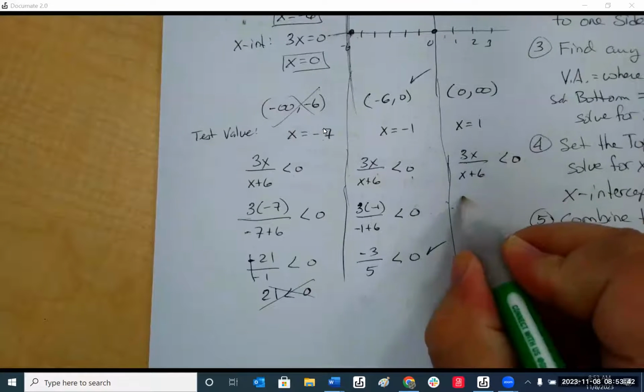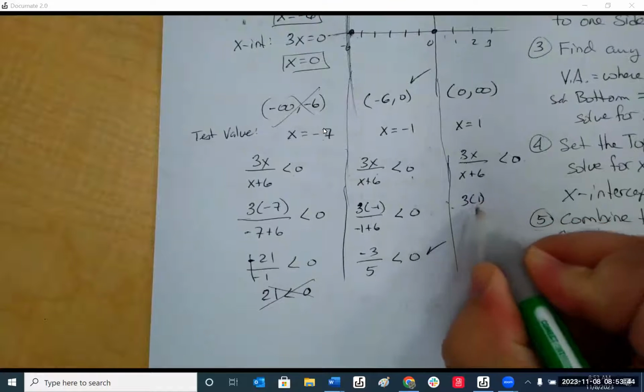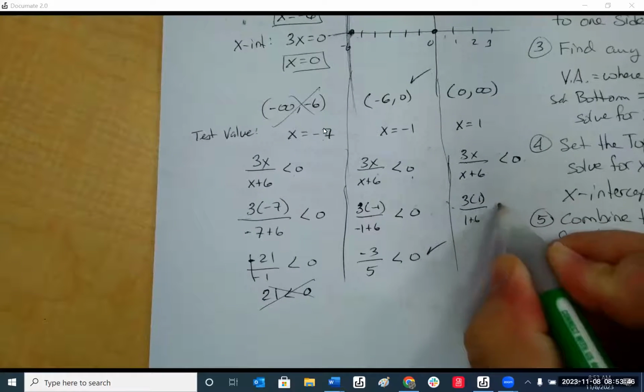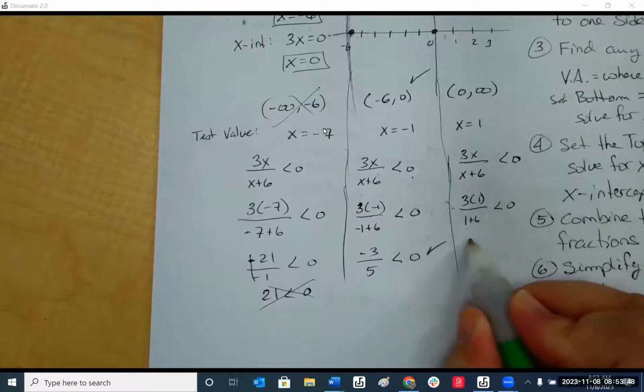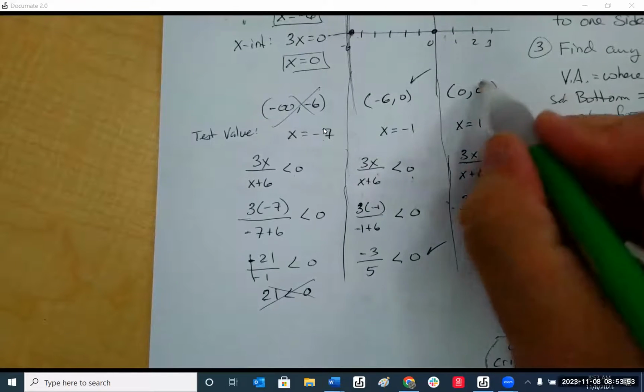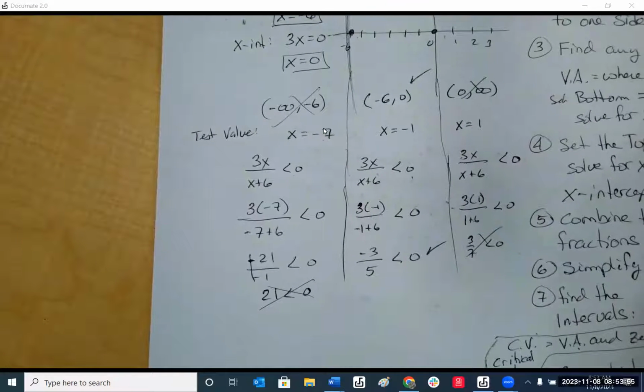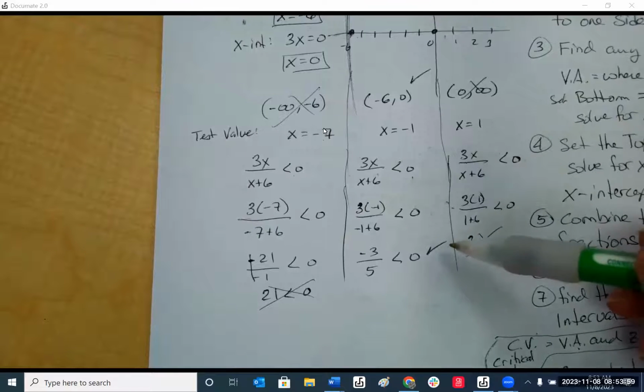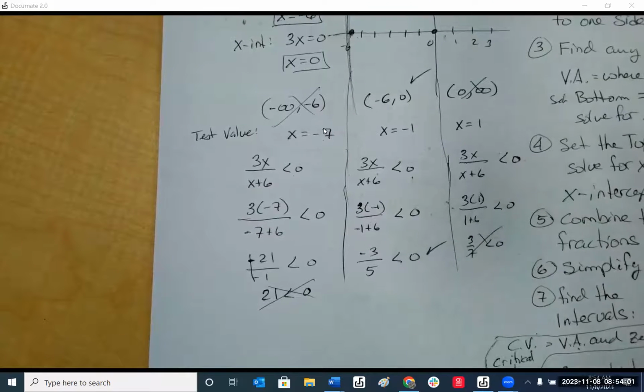And that 1: 3 times 1, 1 plus 6. 3 over 7. No. So the only interval that works is this middle one.